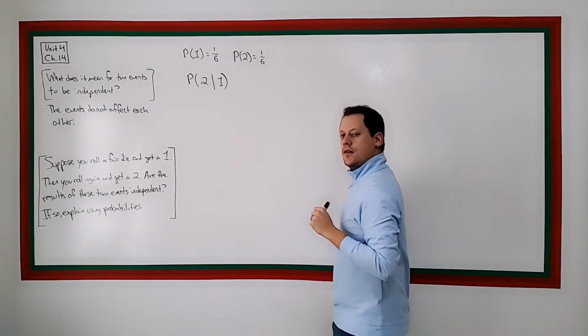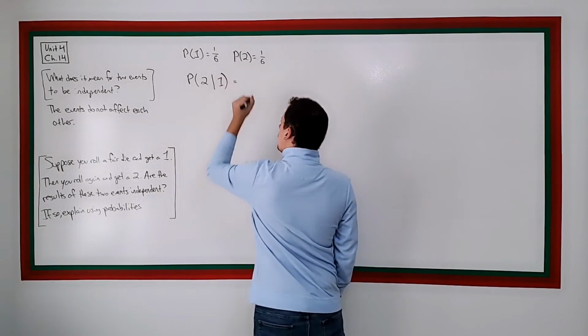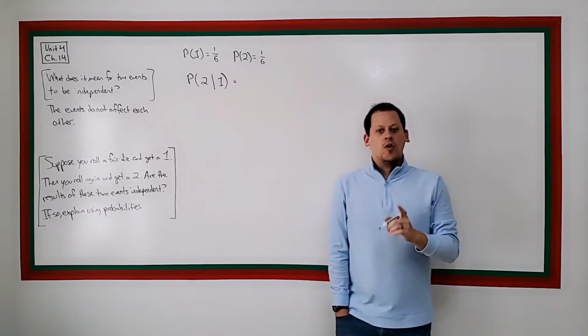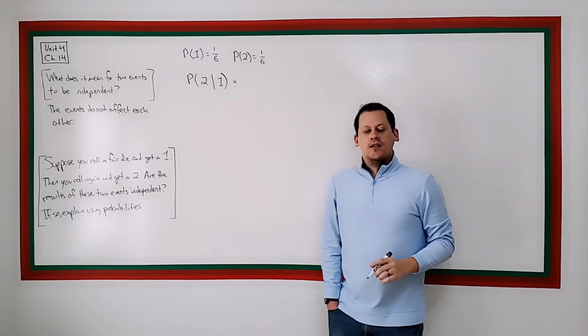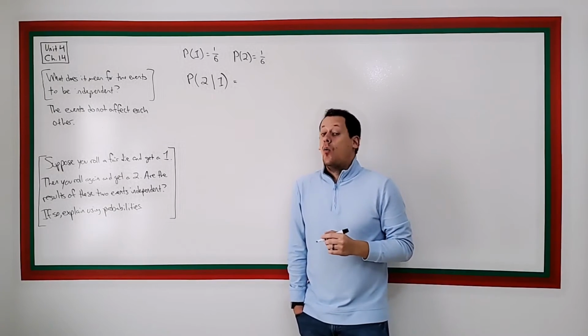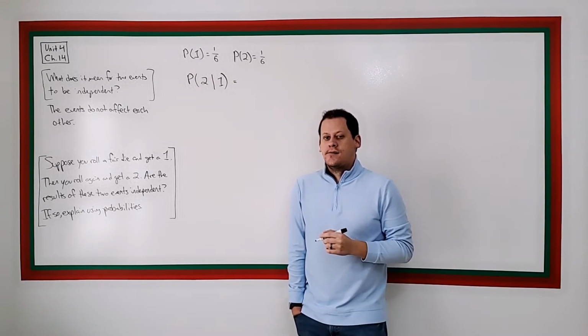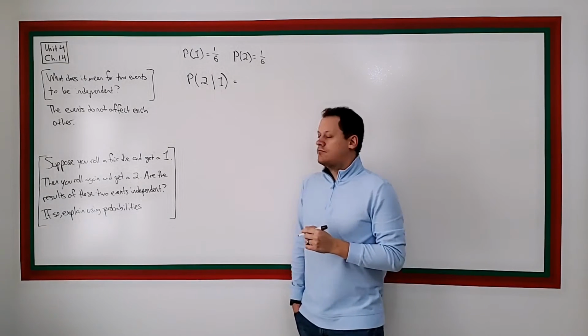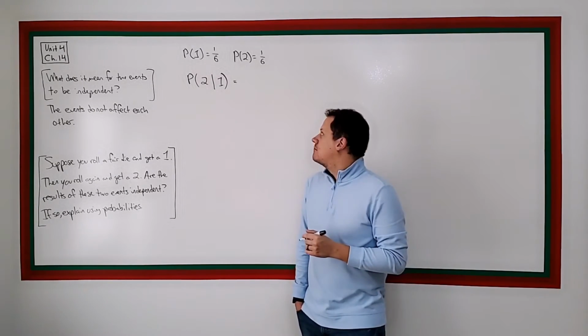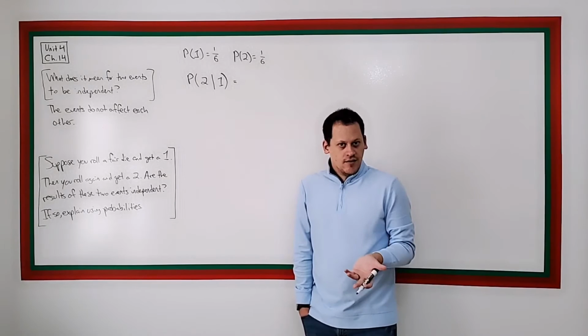How about this? What's the probability that you roll a 2 given that you just rolled a 1? It's still 1 in 6, right?